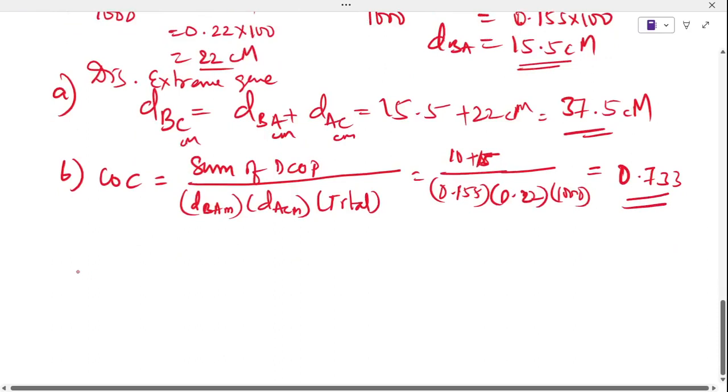Then you can easily calculate the third quantity, that is interference.